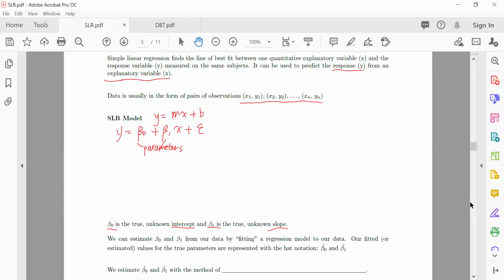And this epsilon is the random error. And our x is fixed.